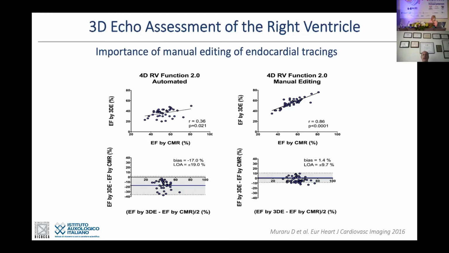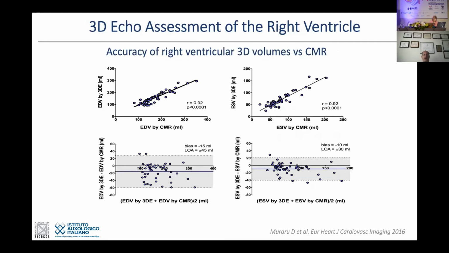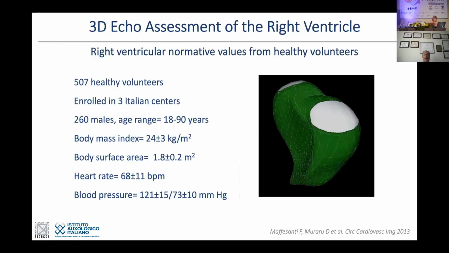So you need manual editing in order to move the border of the endocardium identified by the software to the compact part of the wall. And when it's done properly, then the accuracy in the measurements of the ejection fraction is quite high, and also for the volumes, as you can see in this, but also in many other studies confirming the same thing.